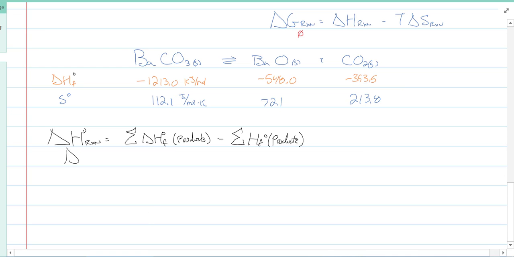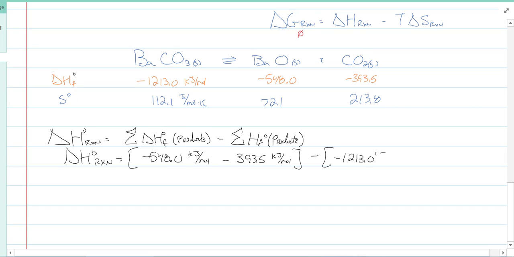So for delta H standard of our reaction, we're going to have negative 548.0 kilojoules per mole minus 393.5 kilojoules per mole minus negative 1213.0 kilojoules per mole.